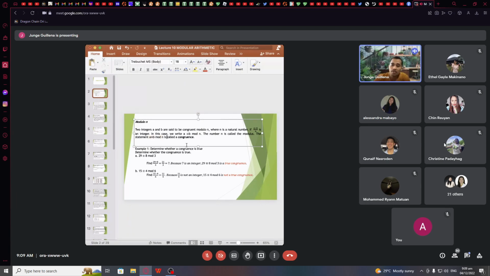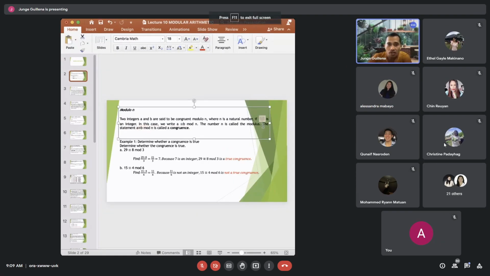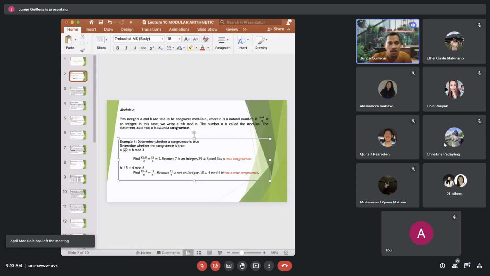So how could we know that this is a congruence statement? If the ratio (a minus b) over n is an integer. Okay, so let us cite an example. Determine whether a congruence is true. This would be your a, this is your b, and this is your n.